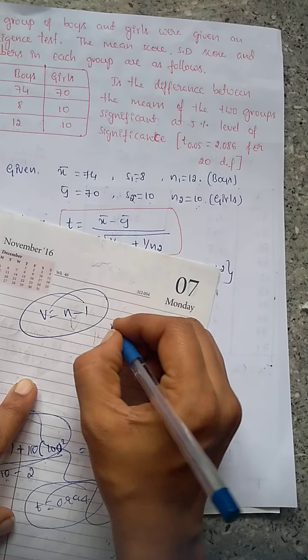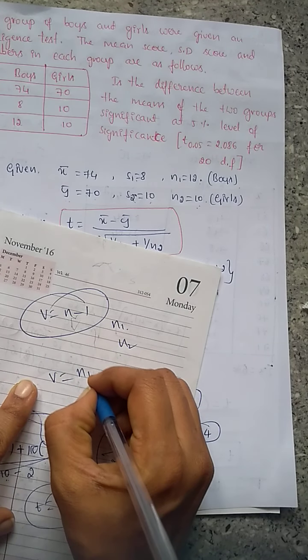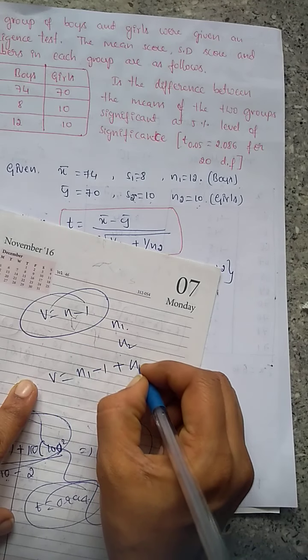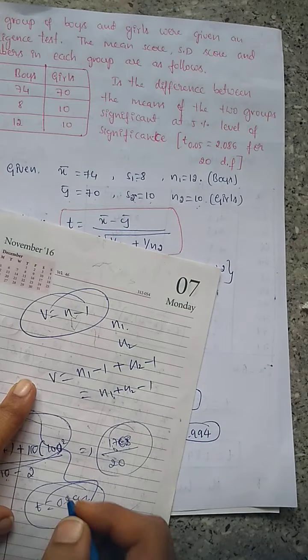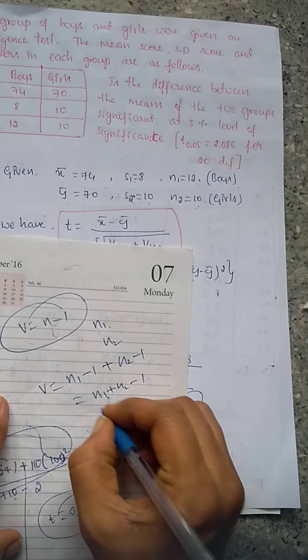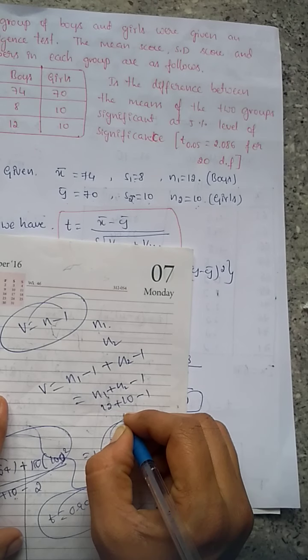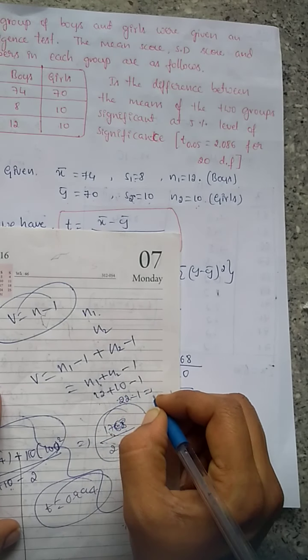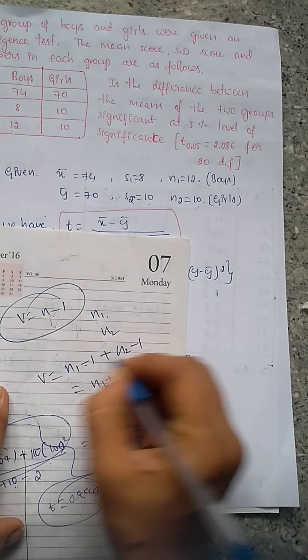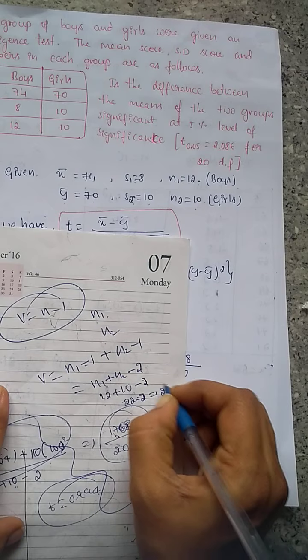If you have two samples, n1 and n2, then the degree of freedom is n1 minus 1 plus n2 minus 1, which is nothing but n1 plus n2 minus 2. Here n1 is 12 plus n2 is 10, minus 2. 12 plus 10 minus 2 is 22 minus 2, so we get 20 as the degree of freedom.